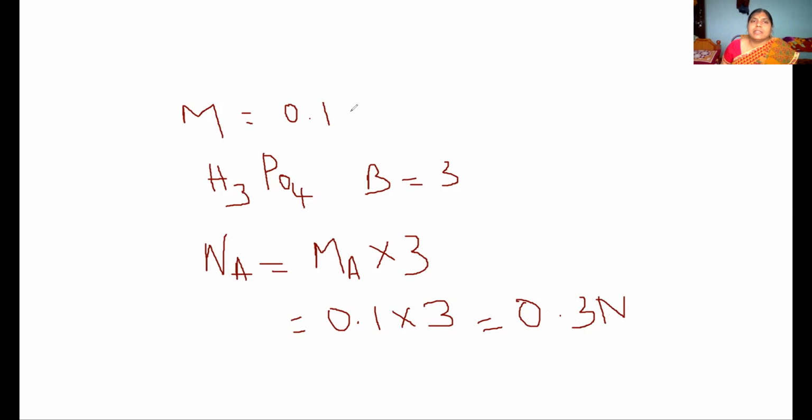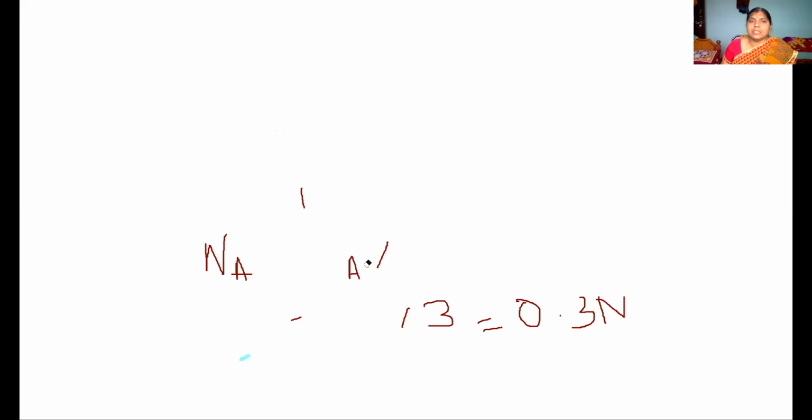So molarity is given, and he asked what is the normality. If you know the formula for normality, normality of acid is calculated by molarity of acid into its basicity. So here basicity is 3. So 0.1 into 3 is equal to 0.3. So the normality of 0.1 M H3PO4, that is phosphoric acid, is how much? 0.3 N. So which one is the answer? In the options, 0.3 is the answer.